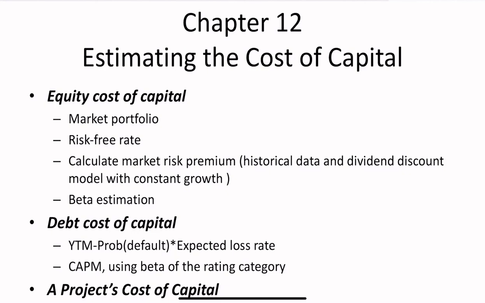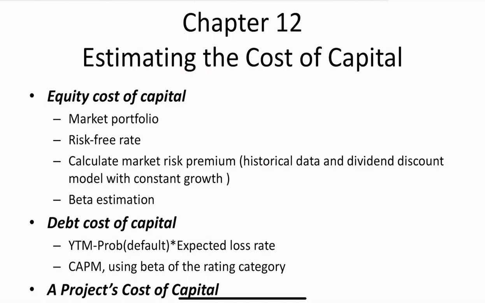Depending on the market, you could have different kinds of proxies. If you're in Canada, then maybe you could use the Canadian TSX composite index. And if you're in the US, then you would use the S&P 500.